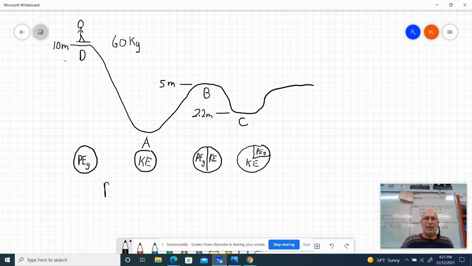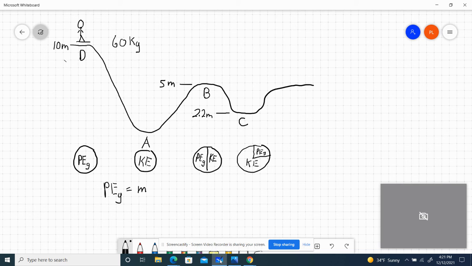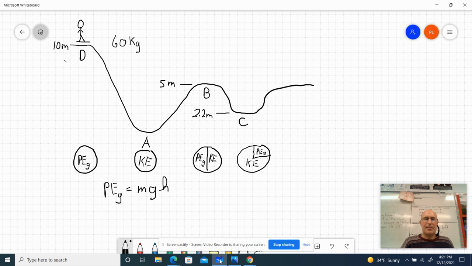So we can write that the gravitational potential energy equals mass times gravity times height equals 60 kilograms times 10 meters per second squared times his height, which is 10 meters.